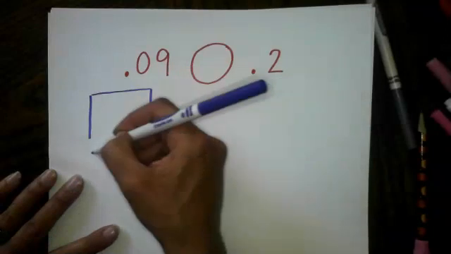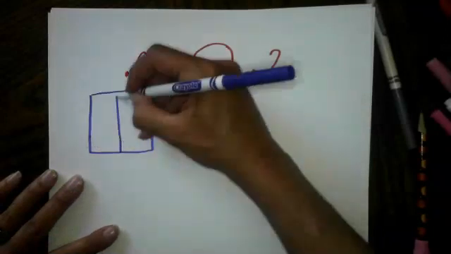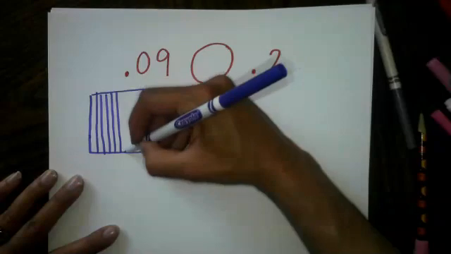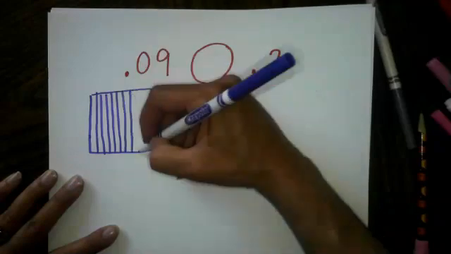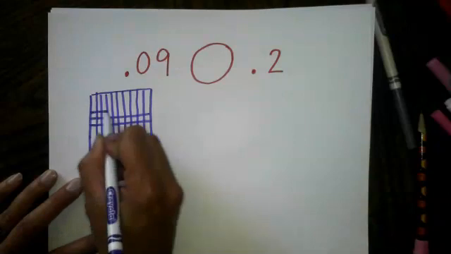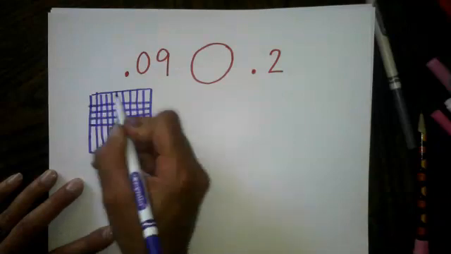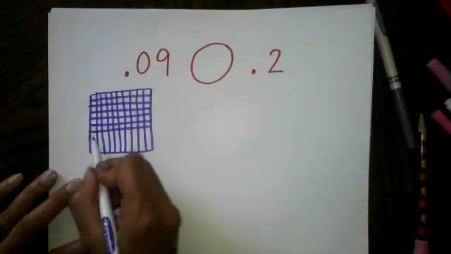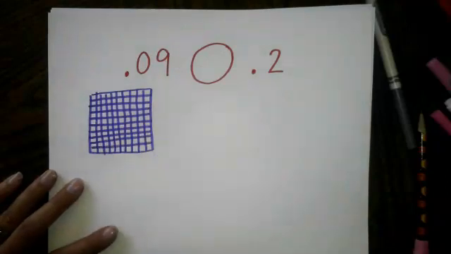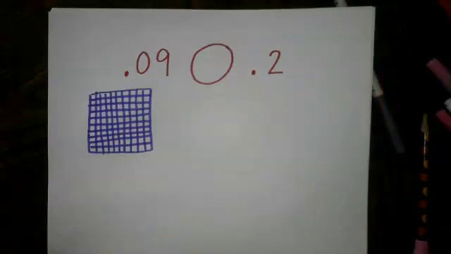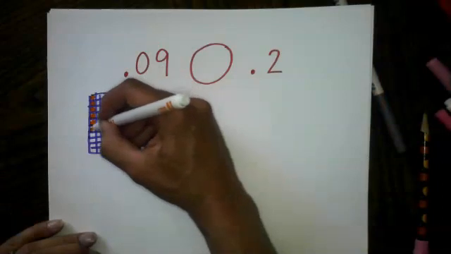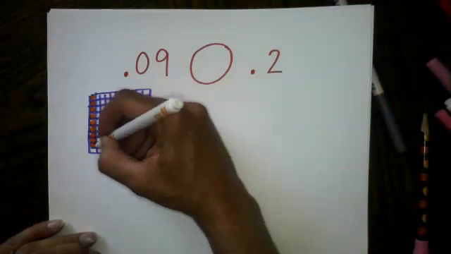So if I have 9 hundredths, all right, so I'm going to color in 9 of these hundredths. 1, 2, 3, 4, 5, 6, 7, 8, 9.